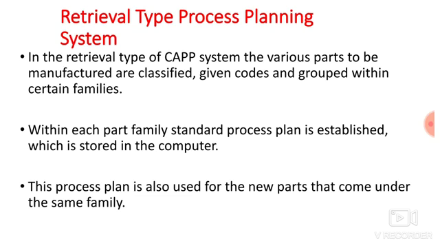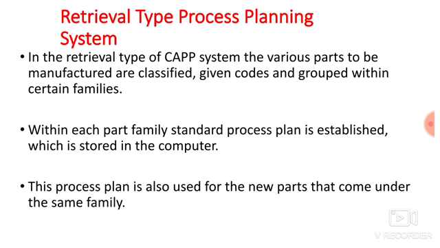Within each part family, a standard process plan is established which is stored in the computer. Once the code is generated for a particular part, after that you have to write a process plan for that part and then store that process plan inside the computer. This process plan is also used for new parts that come under the same family.